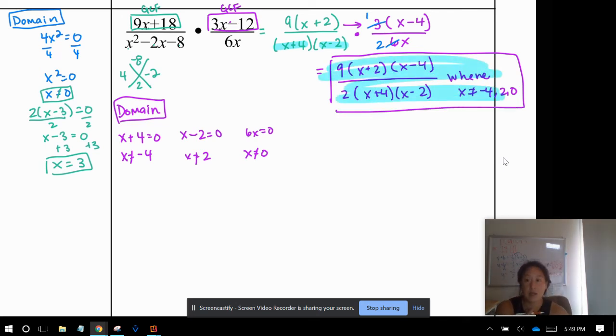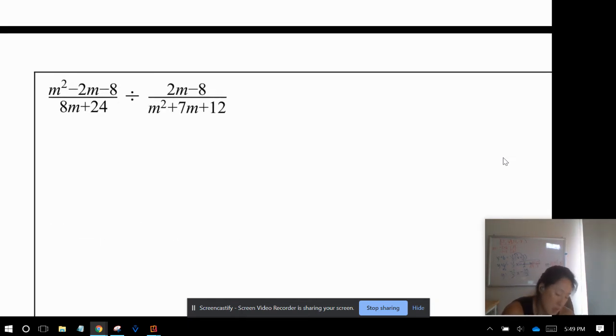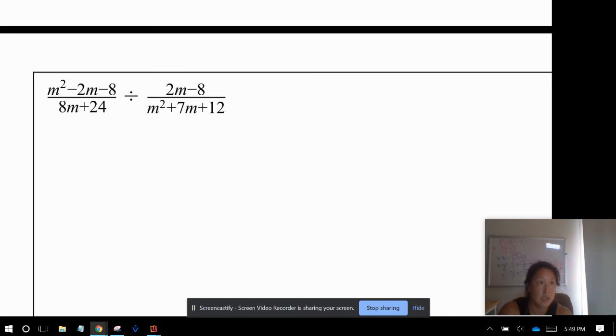Okay, last one, we're going to divide fractions. So the first thing I need to do is, of course, factor. It looks like I need to big X this first one.